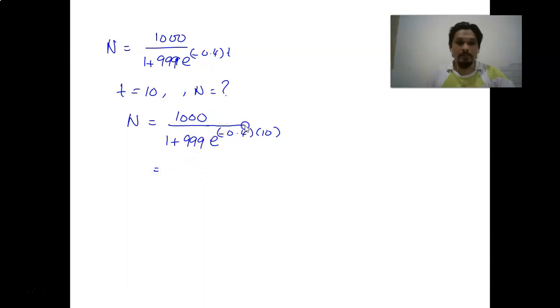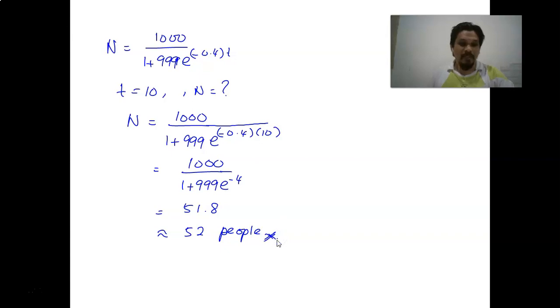Okay, so then 1000 divided by 1 plus 999 e^(-4), which is 51.8. You may press a calculator to get the answer of this one here, so approximate to 52 people.